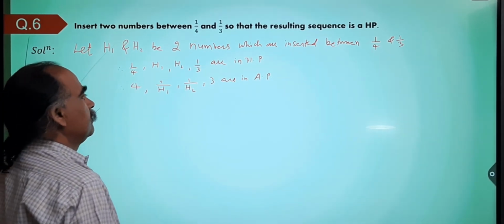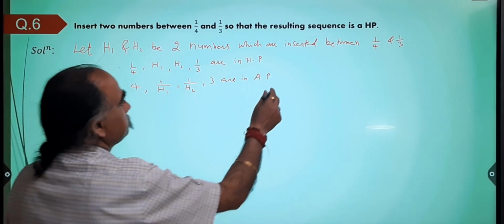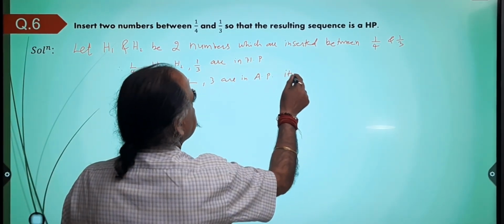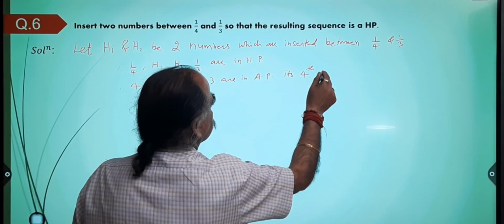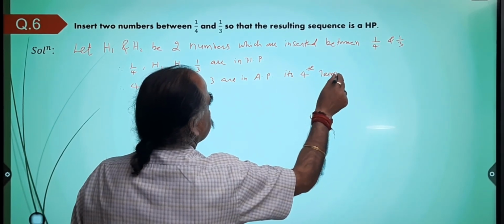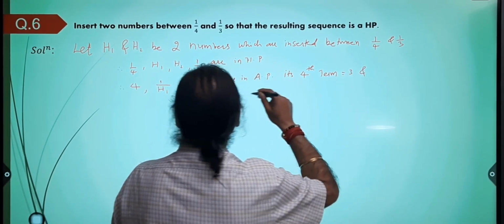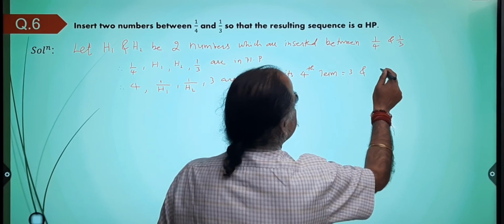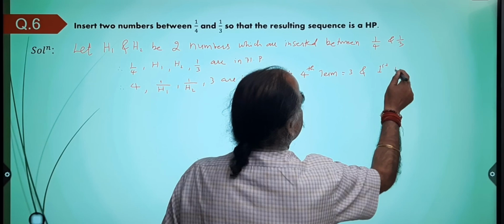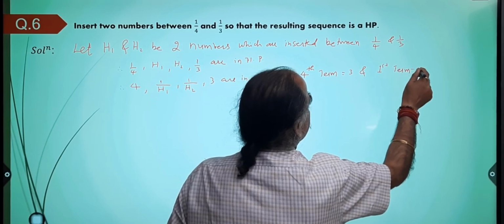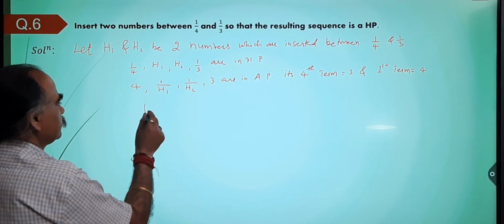Its fourth term is equal to 3 and first term is equal to 4. So T4 is what?